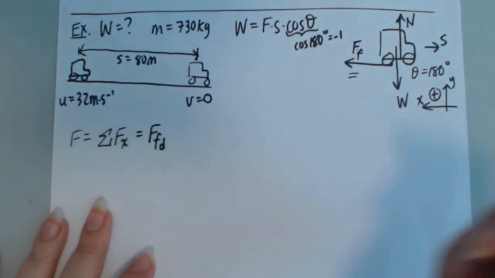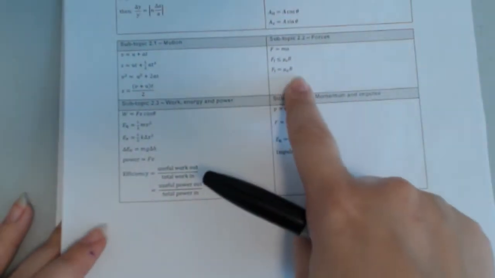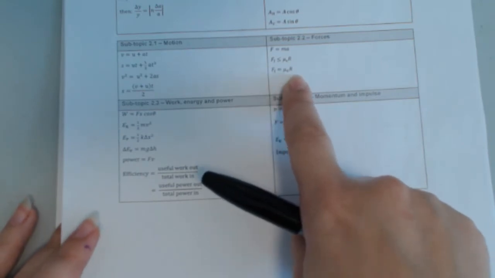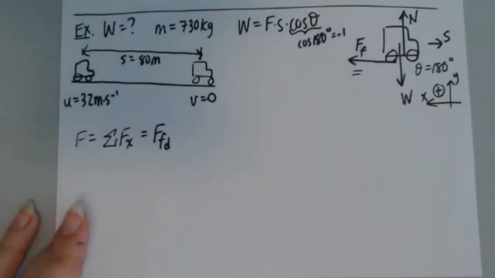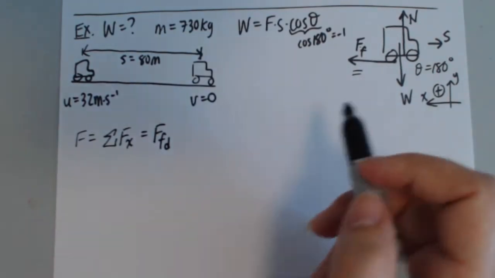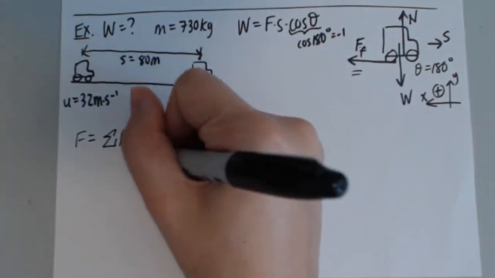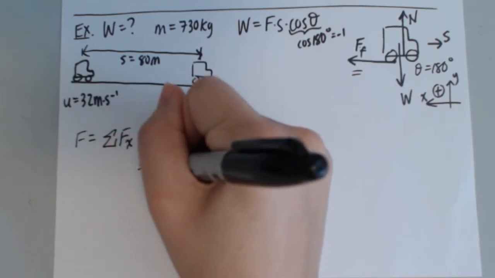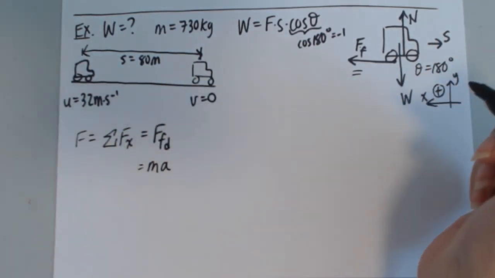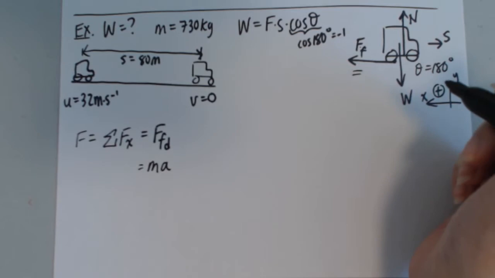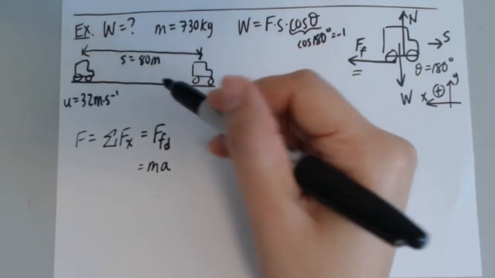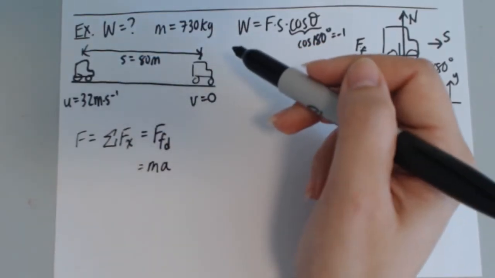I can look at my formula sheet and calculate dynamic friction as mu d times R, the coefficient of dynamic friction times the reactive force, but I don't have the coefficient of friction. So understanding that it's the net force, I can set that equal to mass times acceleration. Mass I know, and acceleration I can find. I have u, v, and s.